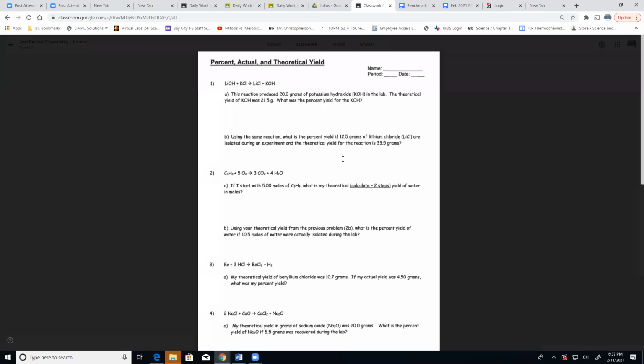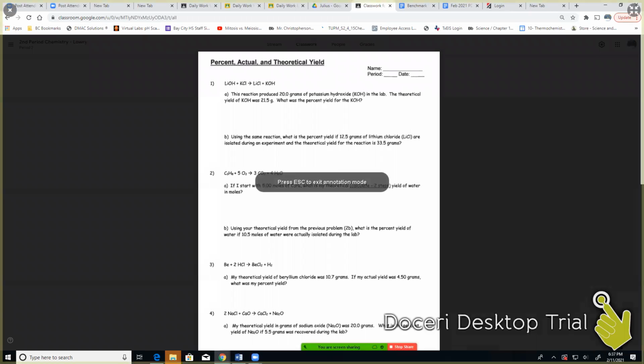So we'll look at our first one. It says this reaction produced 20 grams of potassium hydroxide in the lab. So that is my actual. And remember, we're always dealing with a product. That says that's how much was in the lab. And we're going to be using our formula for all these.